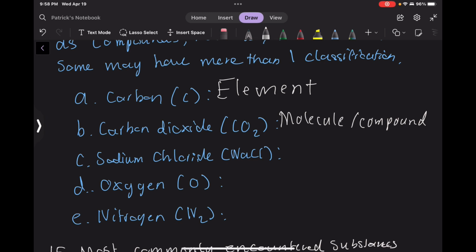Next one, sodium chloride. This one has the same answer as part B. Sodium chloride is both a compound and a molecule.